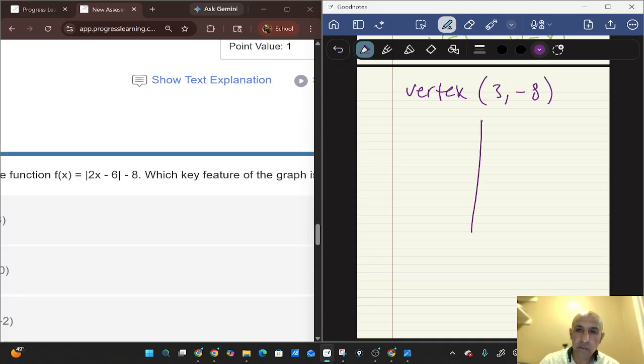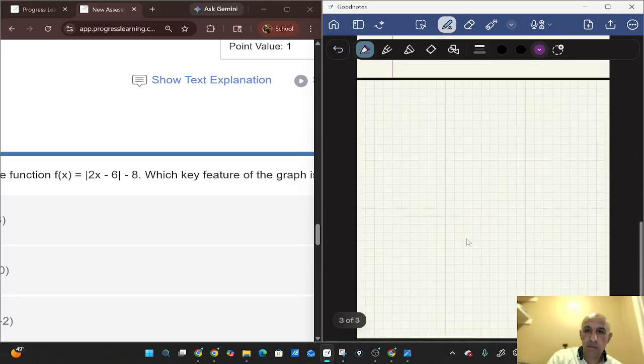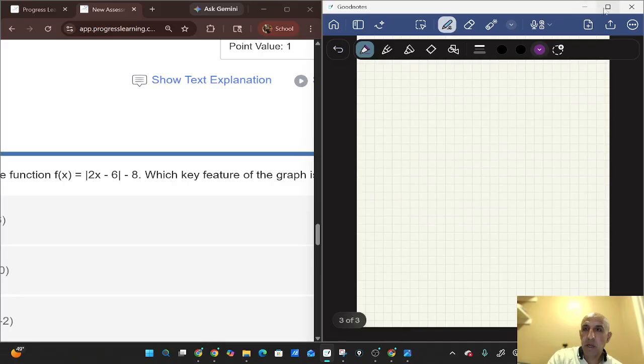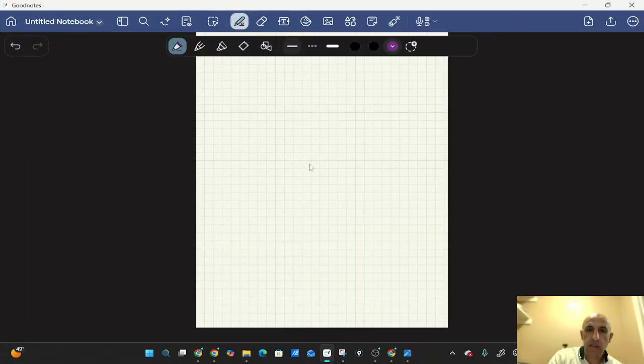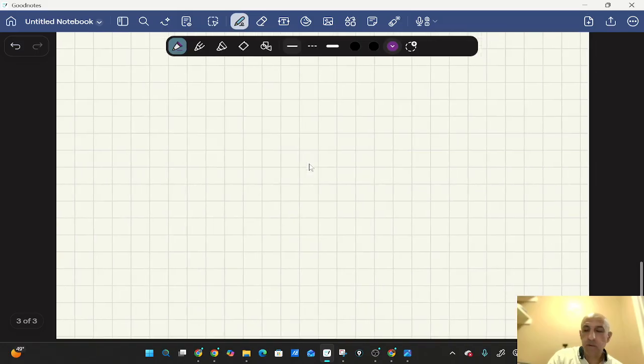Now to find the graph, I can use the paper for the graph. Maybe it will be better, and I will enlarge it like this, so to make it clear for you guys.